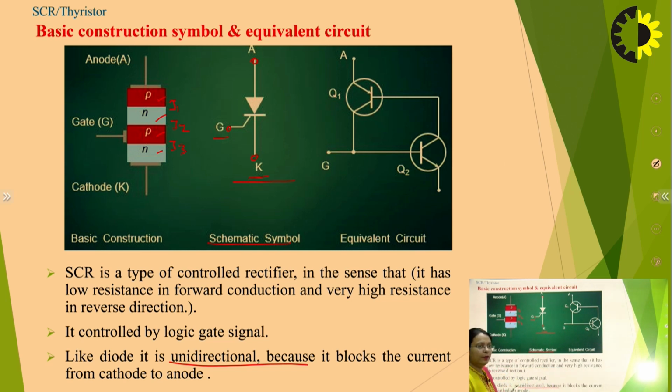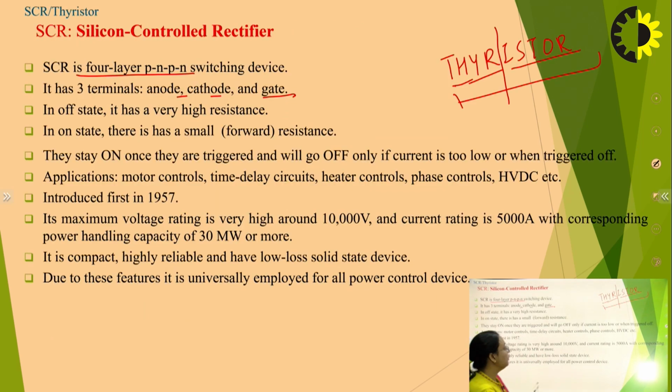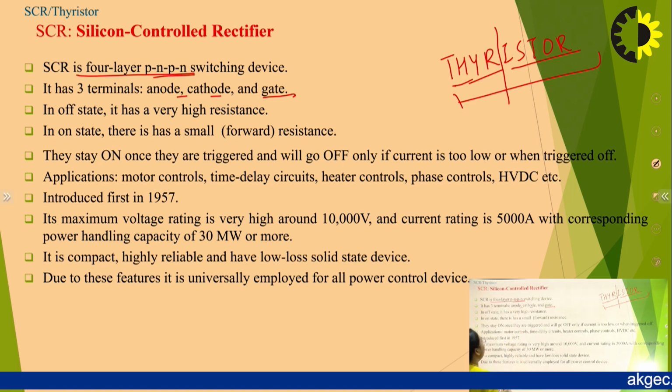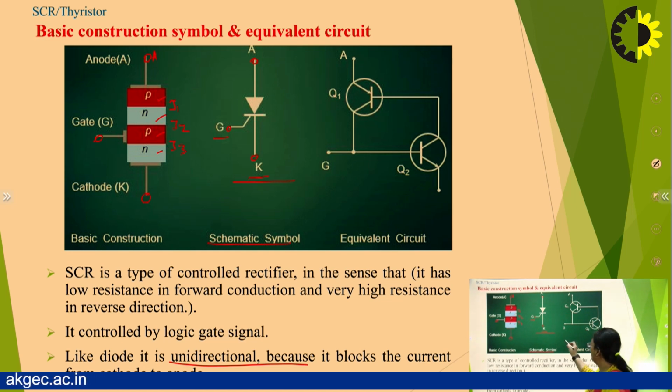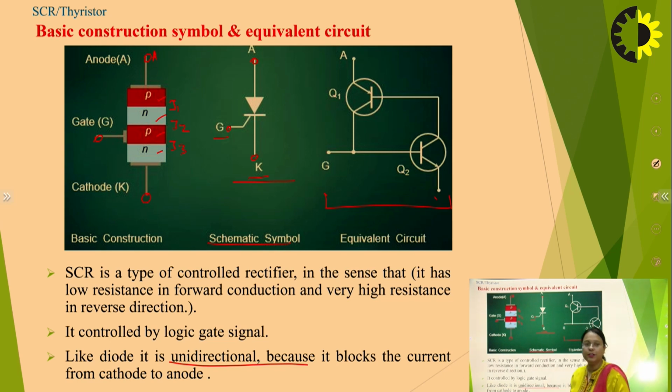So the SCR has alternate P and N layers. The anode terminal is connected with the outer P layer, while the cathode terminal is connected with the outer N layer, and the gate terminal is always connected with the inner P layer. And this SCR can be modeled as the two transistor model. Its operation can be explained with the two transistor model also.